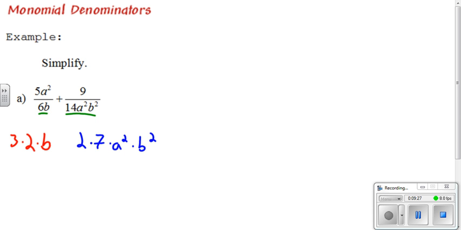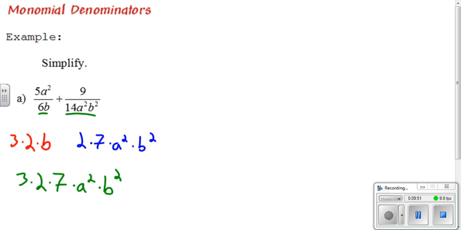So it looks like our LCM is going to be 3 times 2 times 7 times a squared times b squared. So that's what we're looking for. That's our least common denominator, or our least common multiple, which is now going to be our denominator.